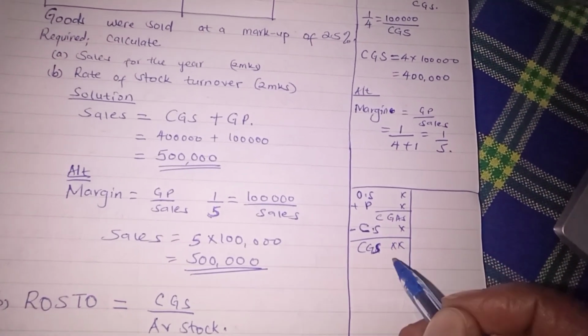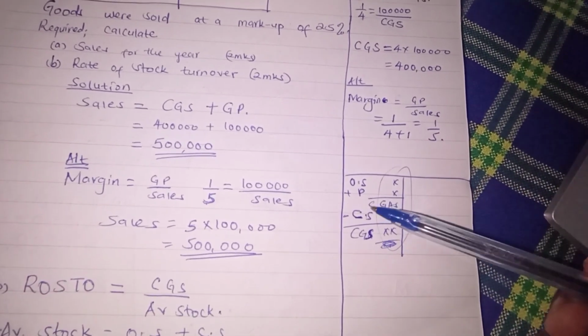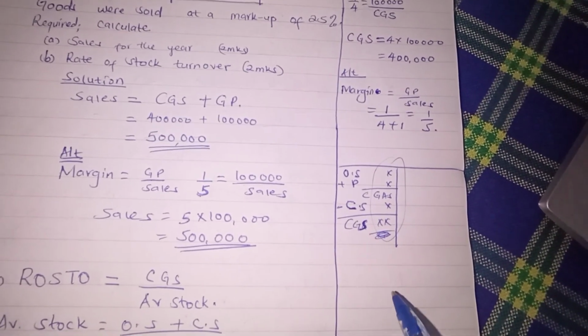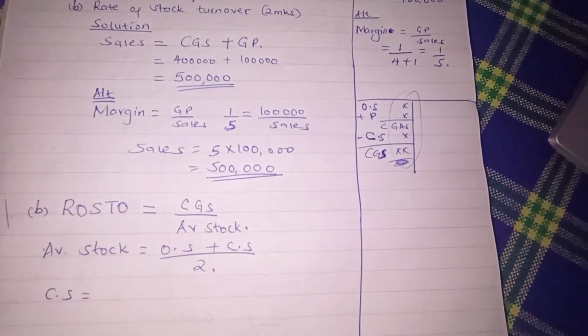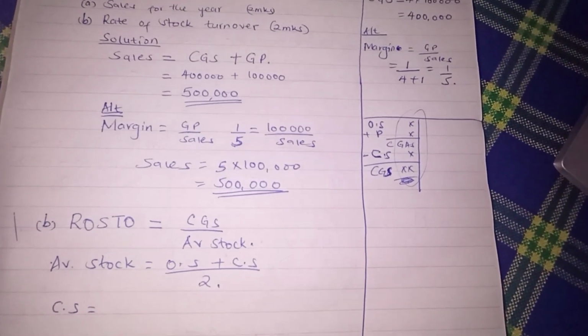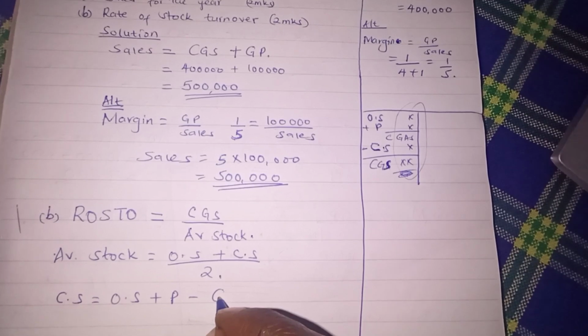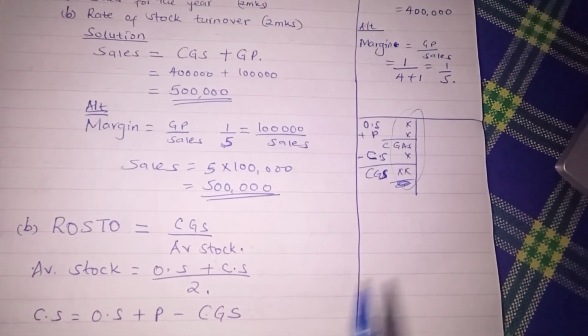So from this, that's where you come up with an equation for finding the closing stock, because we say that closing stock is given by opening stock plus purchases minus cost of goods sold, or cost of sales.